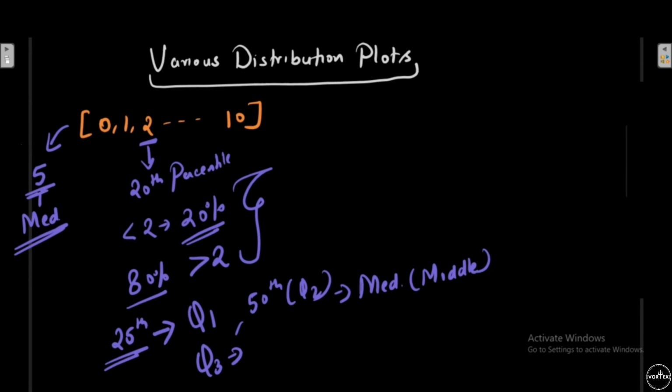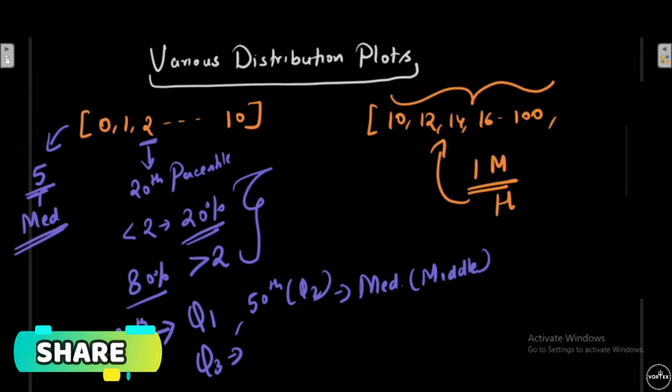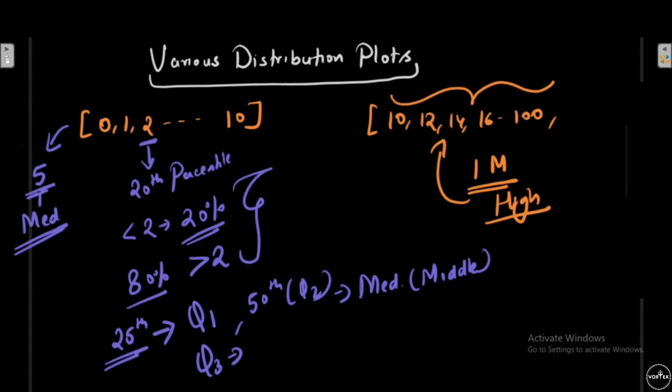Let's understand what an outlier is all about. Given a bunch of numbers, let's say 10, 12, 14, 16, and so on till 100, but then I have a number such as 1 million. This number will be treated as an outlier in context of all these numbers. It is treated as a high outlier because it is very high in value.